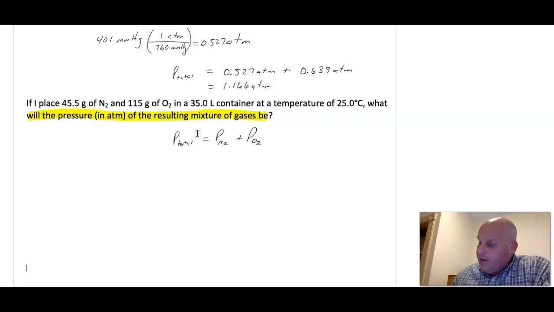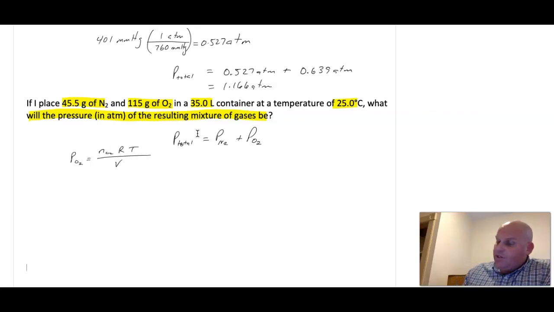So you'll see here that we have 45 grams of N2, 115 grams of O2, and both of them are in a 35-liter container at 25 degrees Celsius. So I can solve two ideal gas law equations here where we get the pressure of O2 is going to be equal to the moles of O2 times the ideal gas constant R times the temperature, which is the same for both, over the volume, again, which is the same for both.